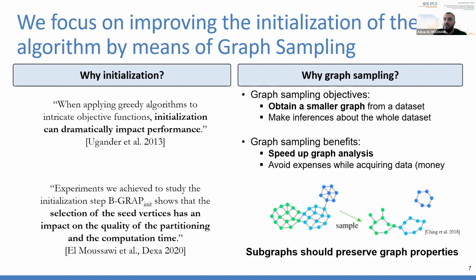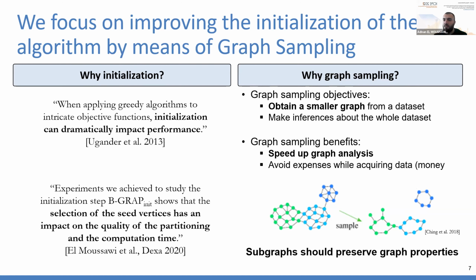In fact, the quality of initialization can dramatically impact the performance and the quality of the partitioning. And we have also shown in our previous work that an optimization and improvement of the initialization allowed us to have better quality and better computational time for the partitioning.